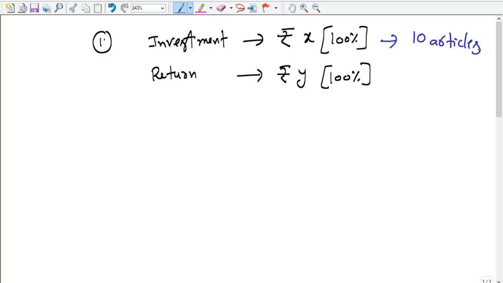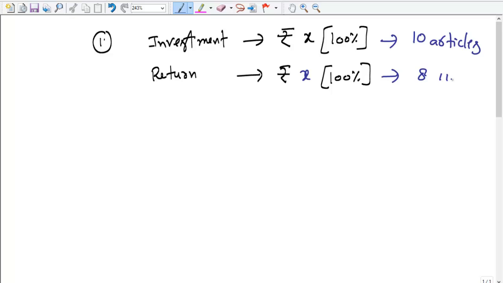When the transaction takes place, let's say we are selling each article again at X rupees, and only 8 articles are sold out. What happens to the remaining 2 articles? Are they unsold, or are we considering only 8 articles? As long as we have no information related to the remaining unsold articles, we are not going to be in a position to judge whether we make profit or whether we make loss.